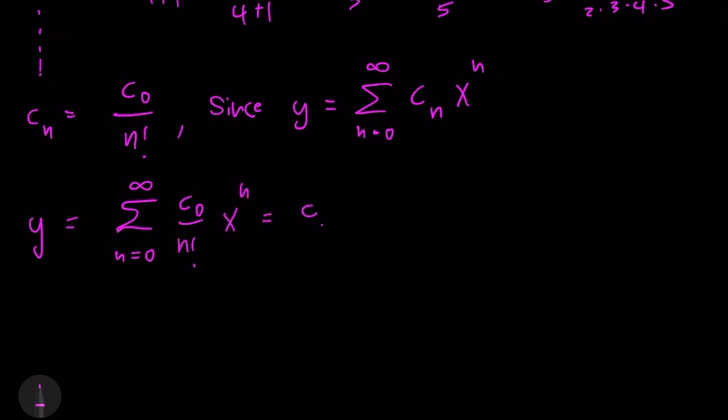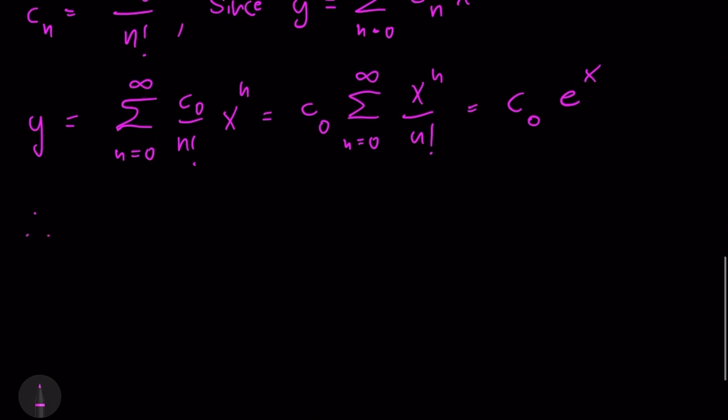This is equal to c sub 0 times the sum from 0 to infinity of x to the n over n factorial. But we recognize this power series, it is just e to the x. So we have c sub 0 e to the x.